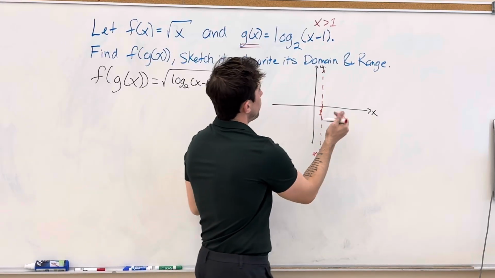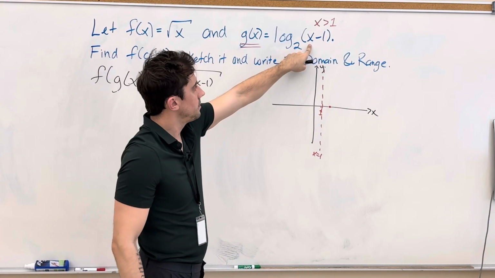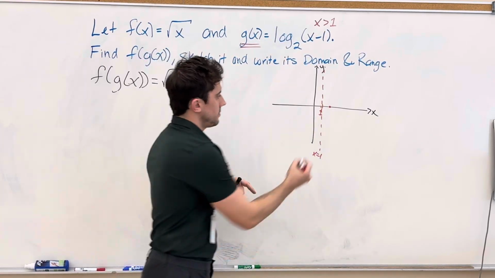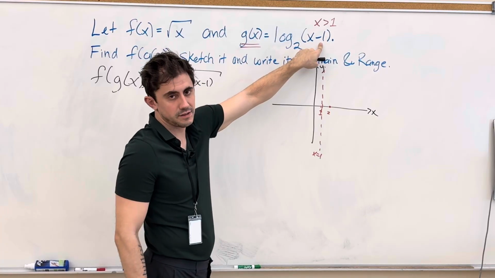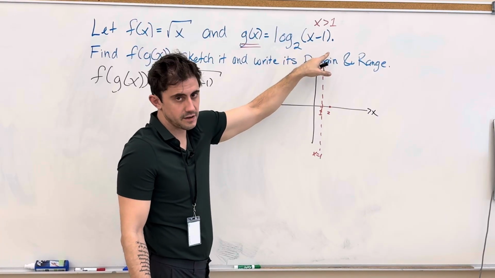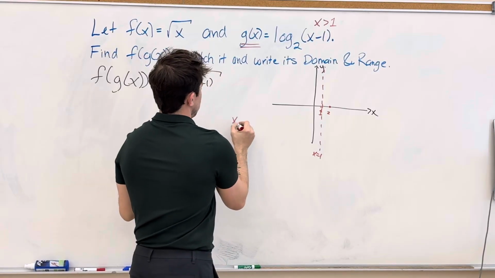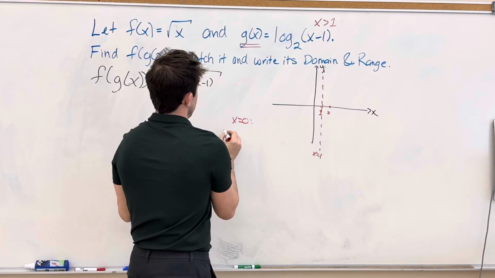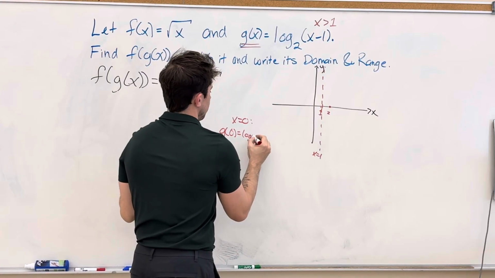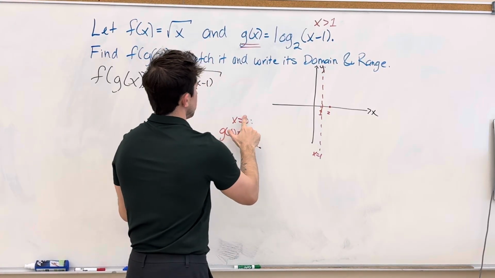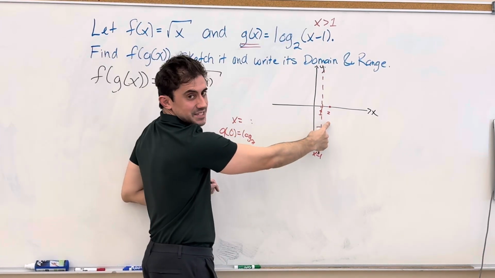And so from that point on, there's going to be a root at 2, because if we plug in x is equal to 2, right, the log base 2 of 2 minus 1 is log base 2 of 1, right? Sorry, if x is 2, that's what we were doing.